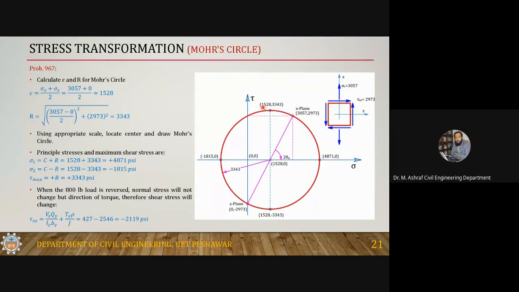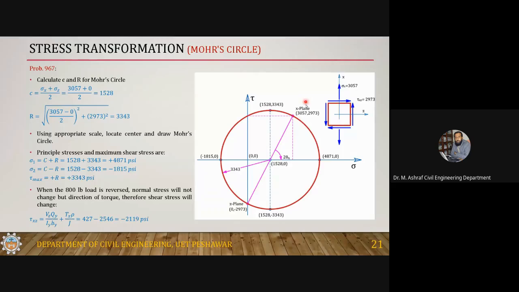So you will get the coordinates 4871 and minus 1815, and 1528 with 3343, and 1528 with minus 3343. Now locate the x plane, this is the x plane. On the x plane, the normal is 3057 and the shear is plus 2973.